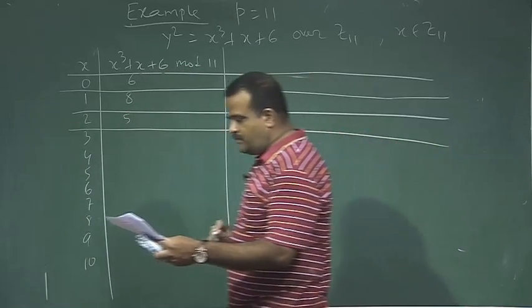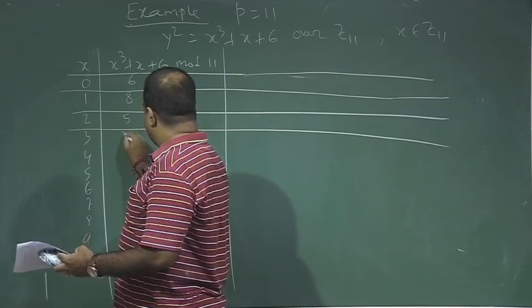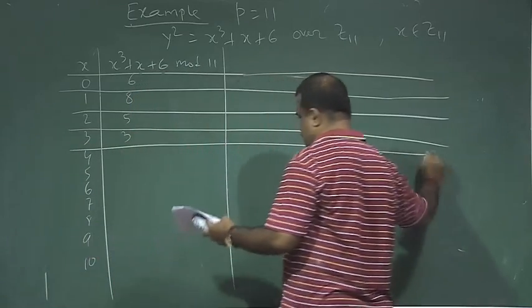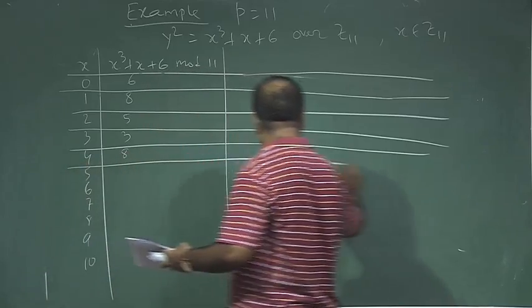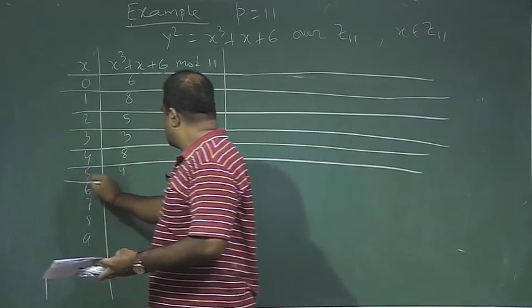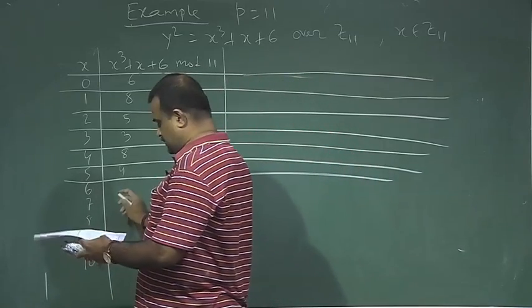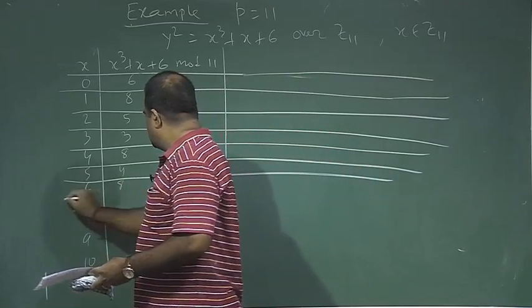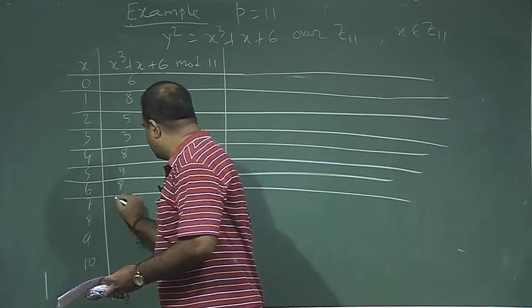Similarly, if we calculate, we get 3, then for 3 we get 8, then 4, then for 6 we are getting 8, then for 7 we are getting 4.